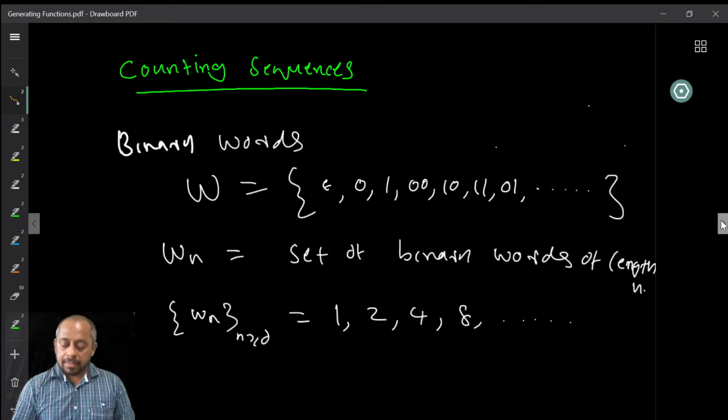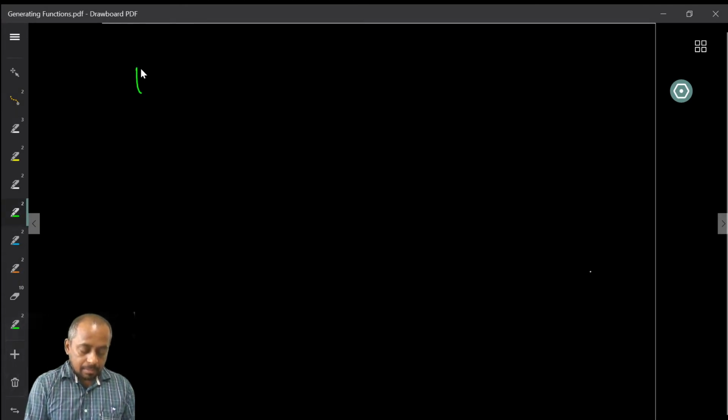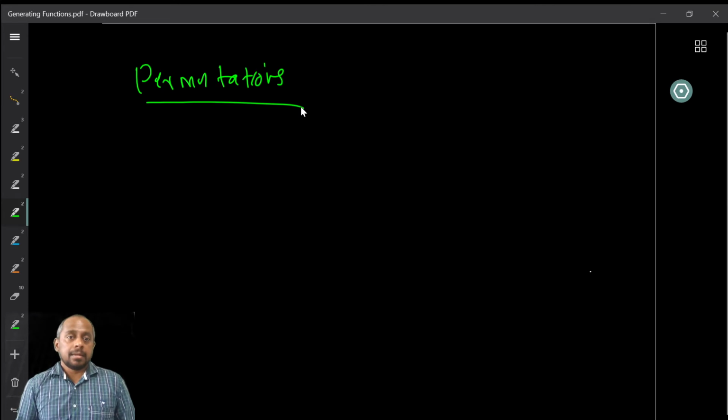As we said, you can also look at the permutations sequence. We already know that there are n factorial permutations of n letters. So we can define the size of the class to be the number of elements whose permutations we are considering.